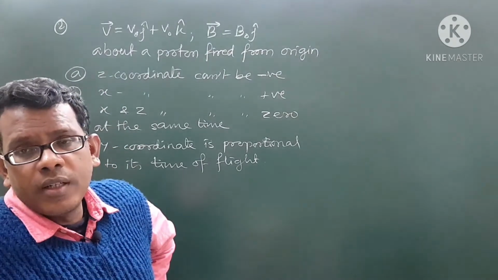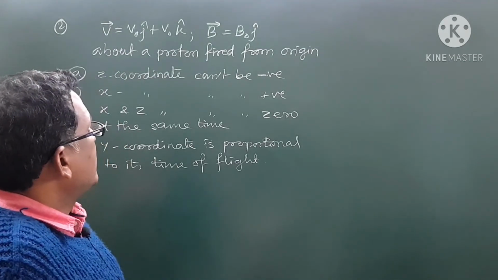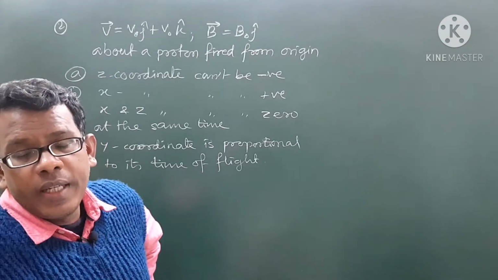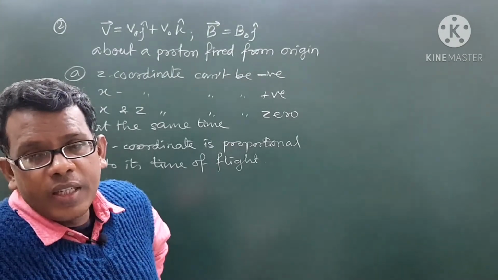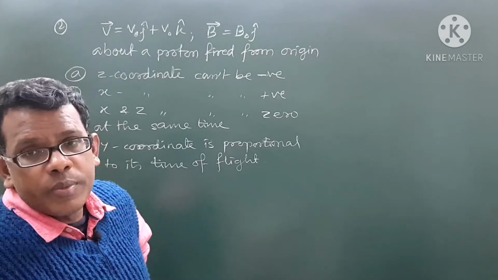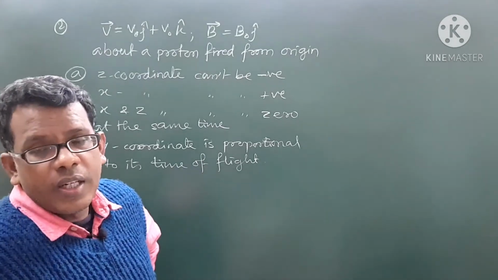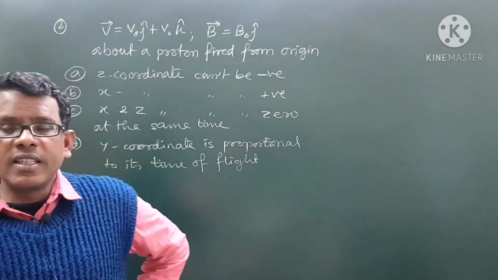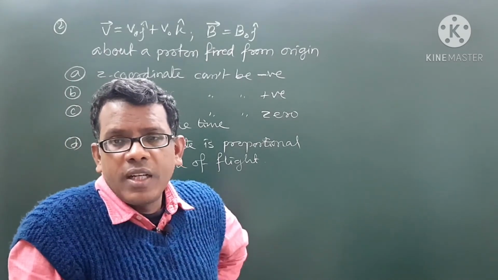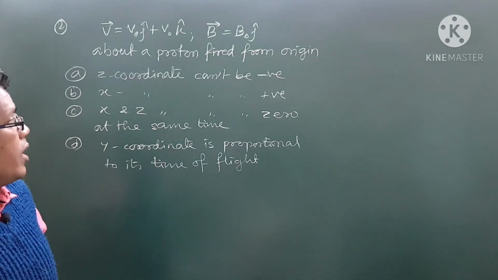The velocity vector is equally inclined with the y axis as well as the z axis, so on the yz plane it is at 45 degrees with the y axis. The magnetic field is along the y axis, so the magnetic field and velocity vectors are at 45 degrees. Whenever the angle is less than 90 degrees, that ensures helical motion. So definitely the particle will follow helical motion.